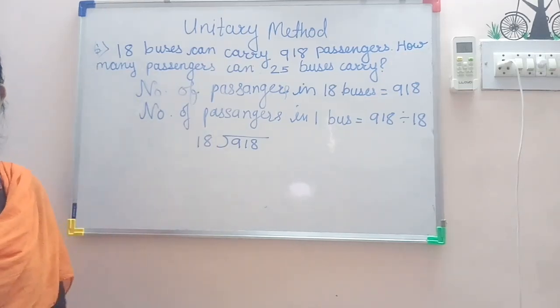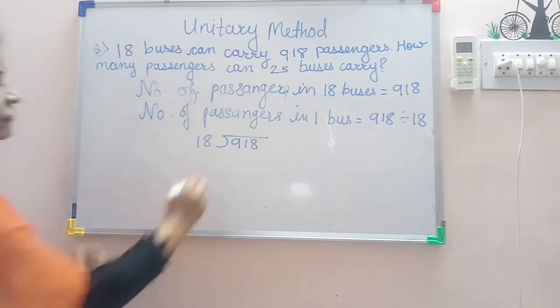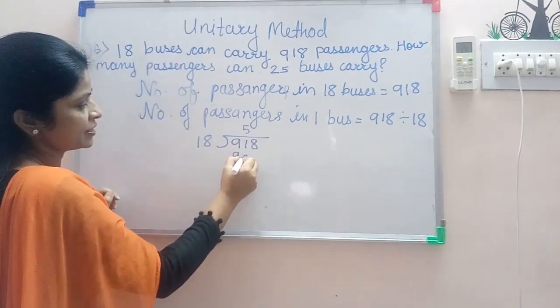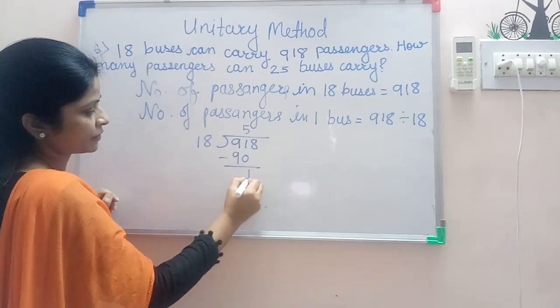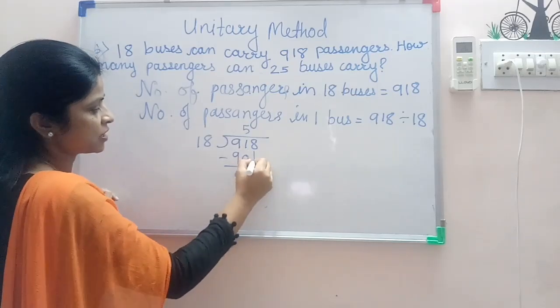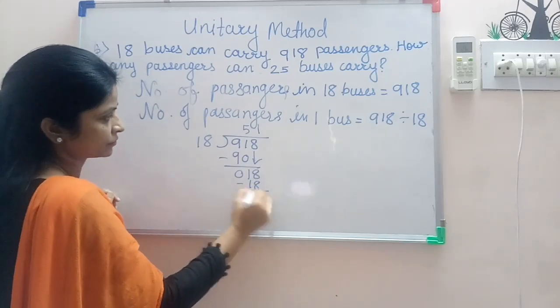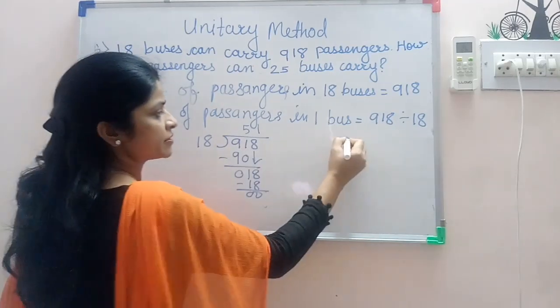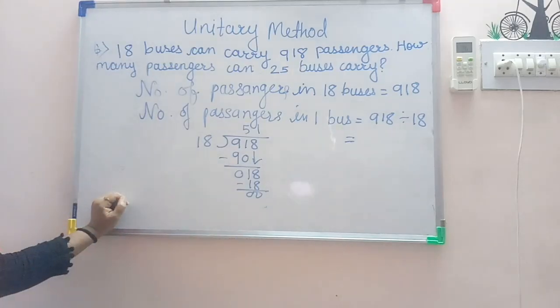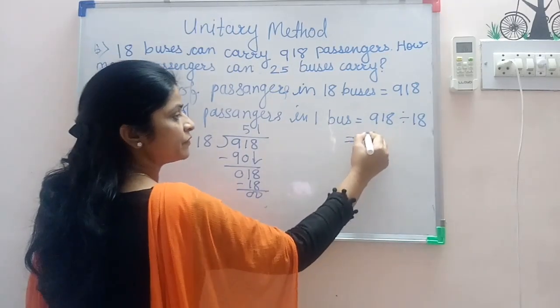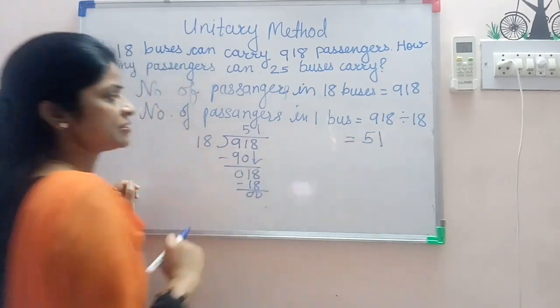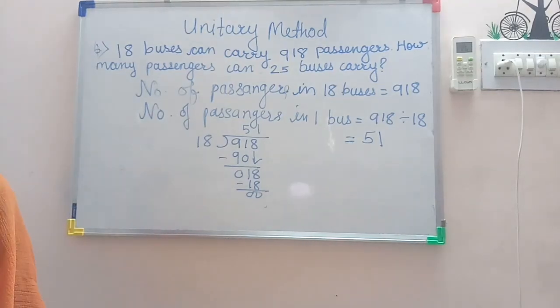Now we know the table of 18. So what will be there? First of all, 18 5s are 90. 10. We'll bring the 8 down. 18 1s are 18. So we got that there are 51 passengers in one bus. Now we got the one bus passengers. Now we have to find out.